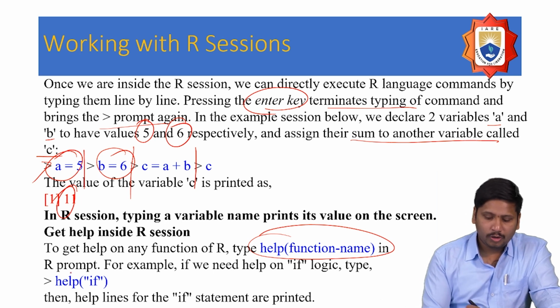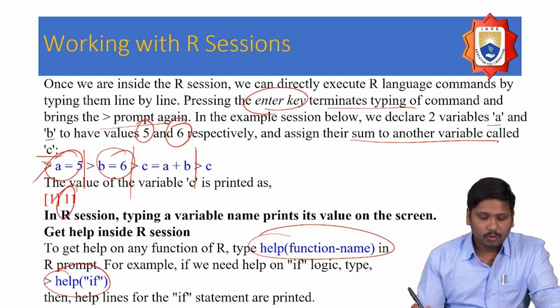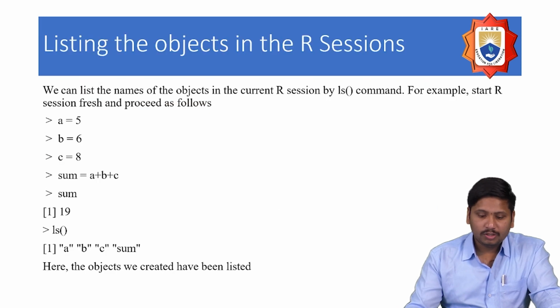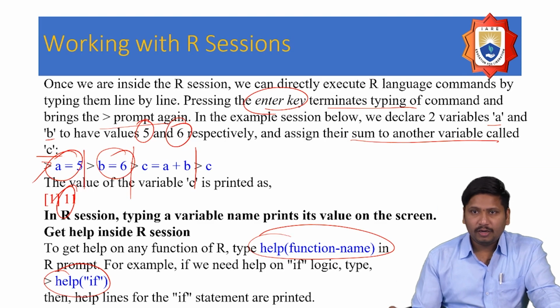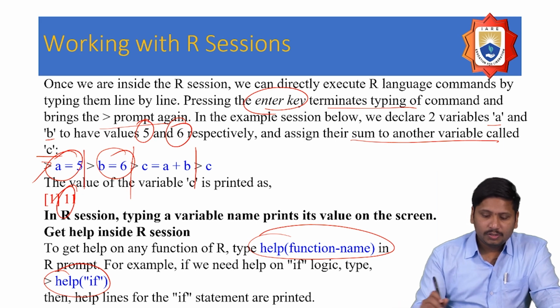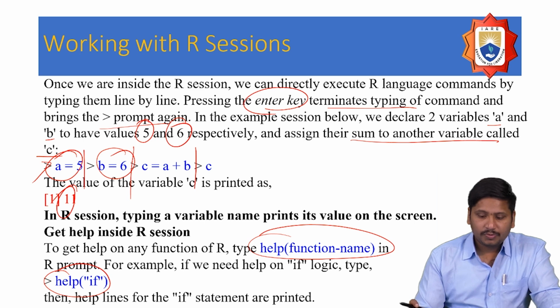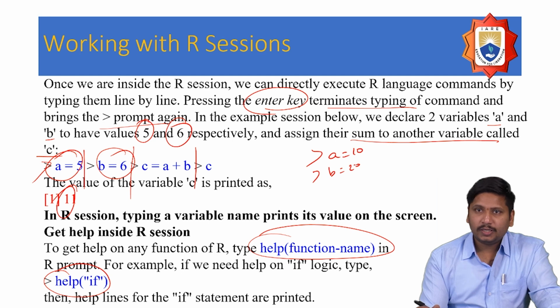At that time I make use of the help command. If I type help of if, it shows the syntax of if as the output here, right? So these are some of the ways of implementing sessions in R programming. How can I take the values? Just simply assigning the values, A equal to 10. Next I'm going to take another variable, B equal to 20.